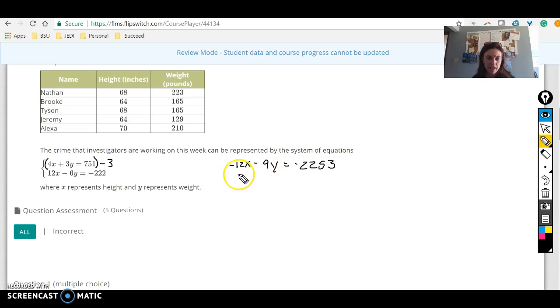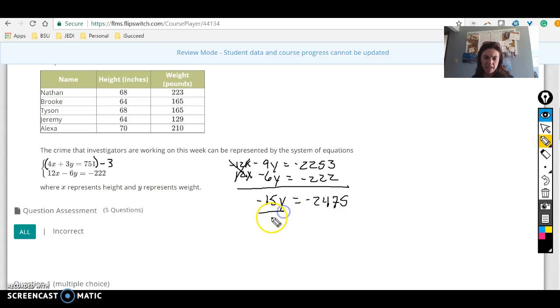Okay, and if I want to then add 12x minus 6y equals -222, this goes to 0, so I'm going to bring it down to one equation and one variable. -15y equals, and if I add those two together, I get -2,475.